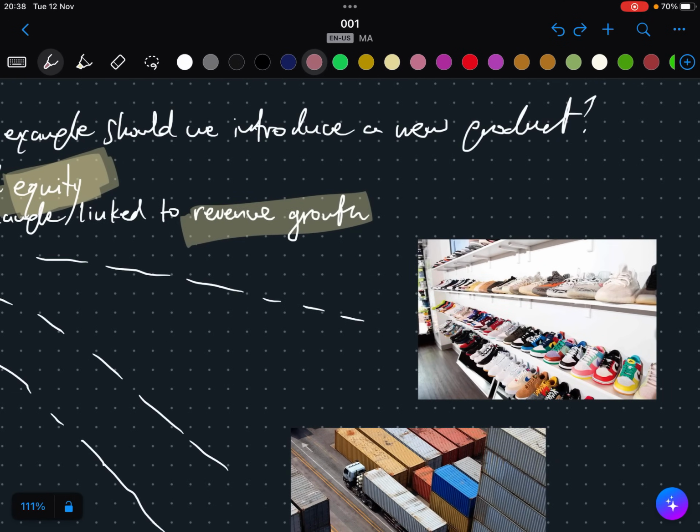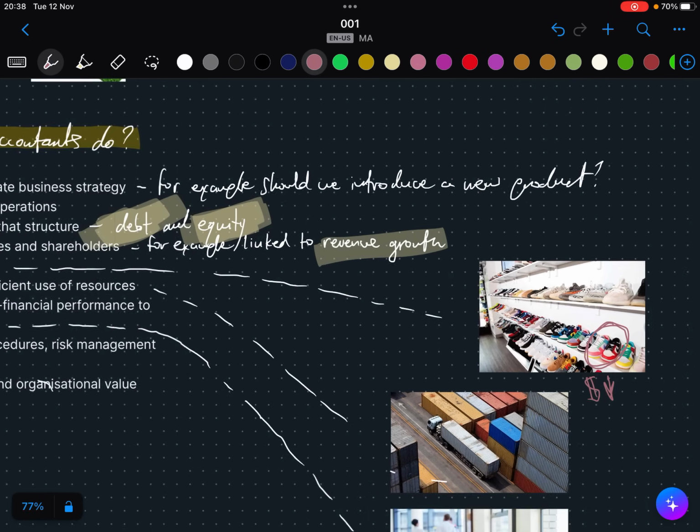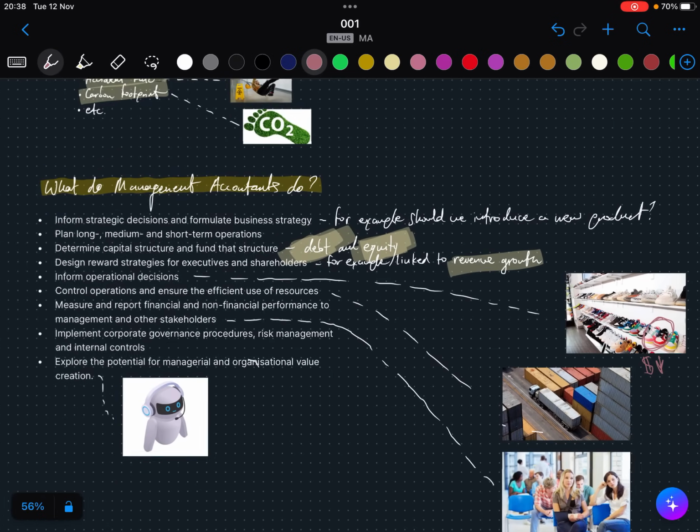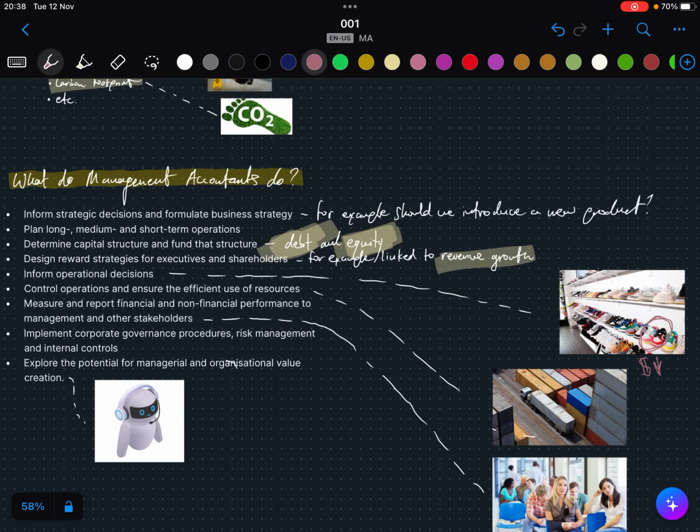For example, they could identify some underperforming products and decide to lower their price so as to sell that stock and improve cash flow.